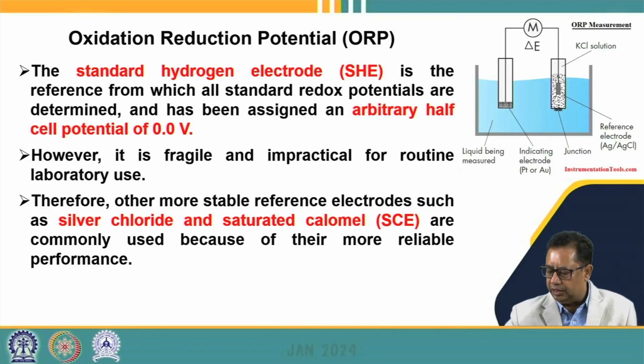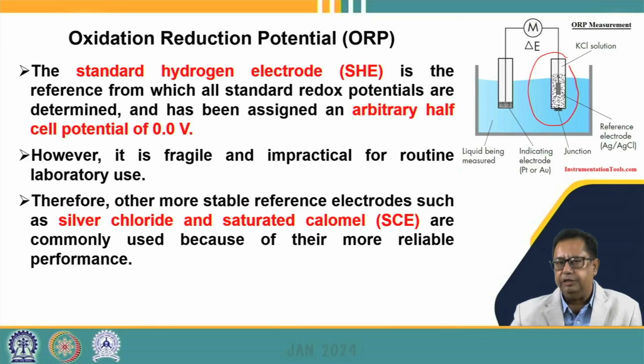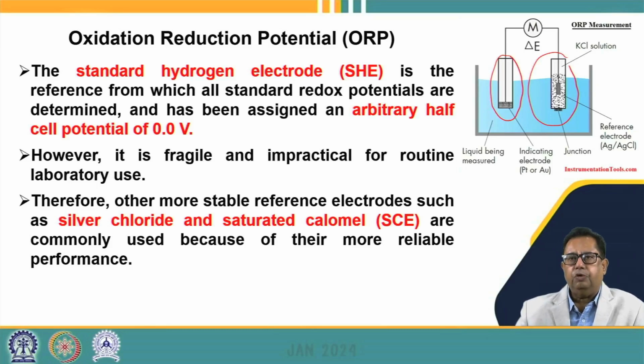So you can see here that this is the reference electrode that we are using, Ag and AgCl, and here KCl is the solution, the electrolyte that is being filled, and another electrode here is made up of noble metals like platinum or gold, right? And the potential difference between these two is known as the oxidation reduction potential.